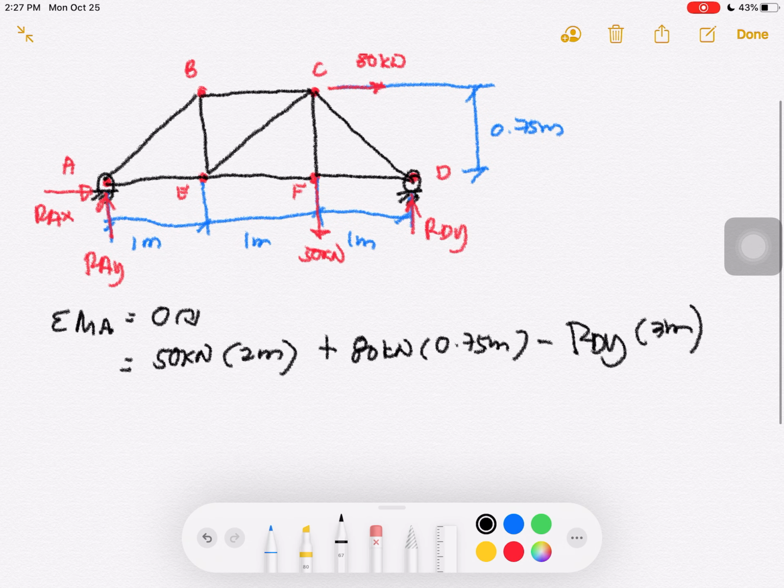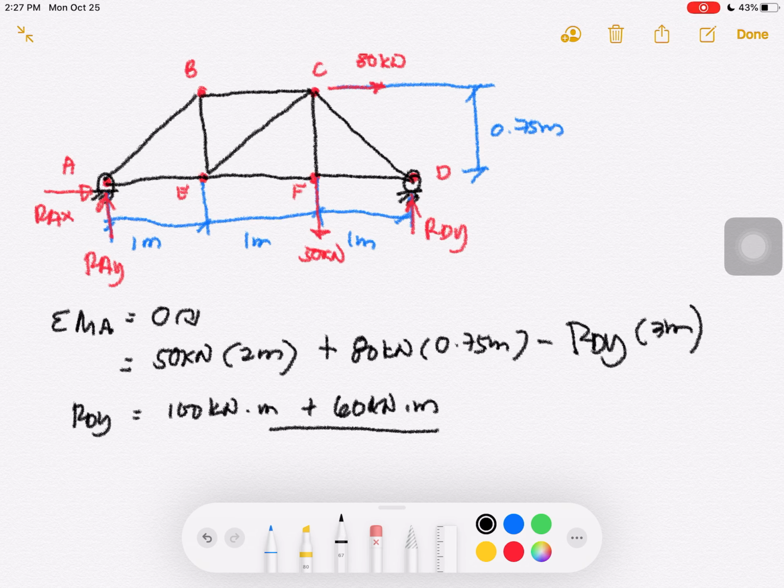So we transpose RDY. We have 100 kilonewton meter plus the next one is 80 multiplied by 0.75, we have 60.